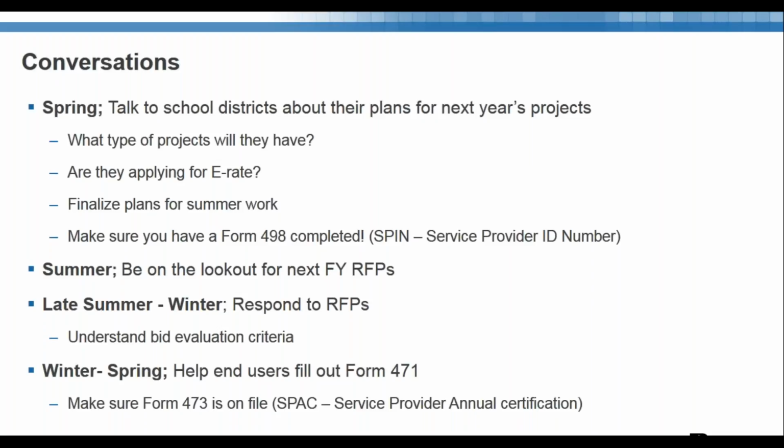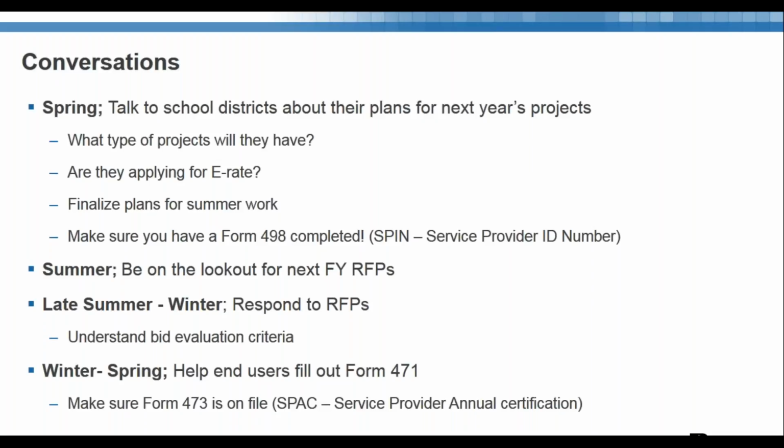In the summertime, June, July, be on the lookout for the next funding year. So this summer, the next funding year is funding year 2018. Be on the lookout for those next RFPs and Form 470s so that you can be bidding on those early. Then in late summer through winter, that's when we want to be responding to those RFPs and Form 470 reports as they come in.